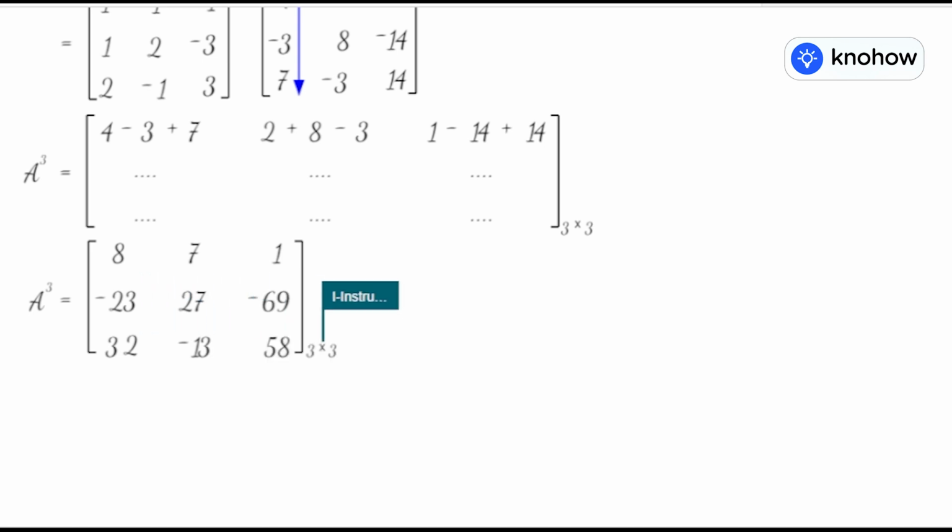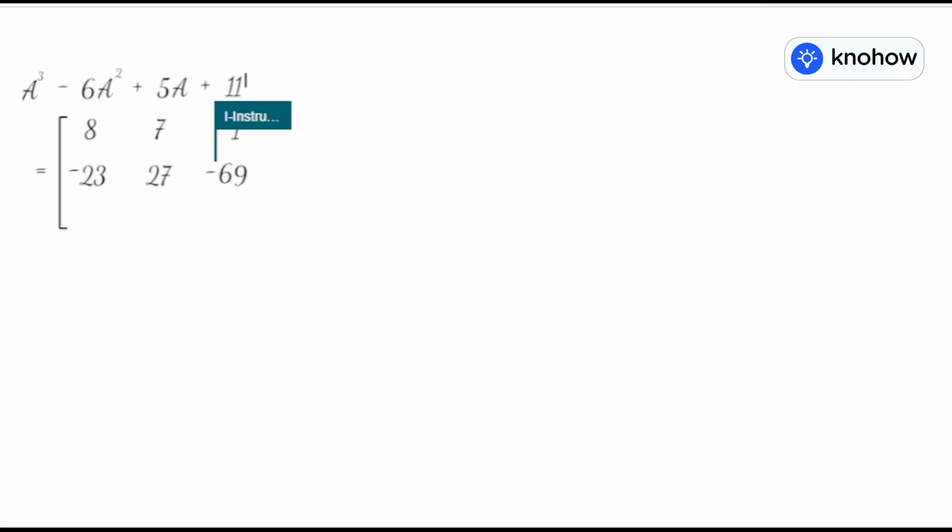So now let us work out the required result. The left hand side of the required result is A cube, which we have worked out, minus 6 times A square, which we have worked out, and this 5A and 11I we can work out here only. So now substituting the values, the value of A cube is [8, 7, 1; -23, 27, -69; 32, -13, 58].